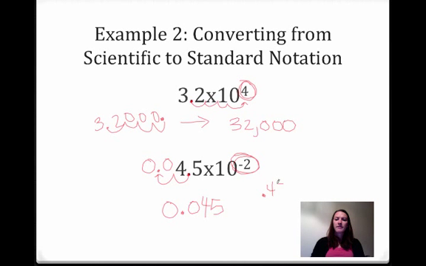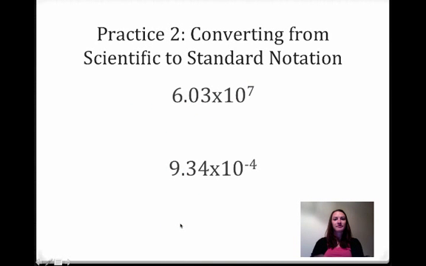Otherwise, it looks like this, right? And sometimes if the decimal isn't big enough, we can't tell that it's a real decimal, so we always put that 0 in there, all right? So that is going to be our answer for our standard notation, all right? I want you to write practice number 2, and I want you to try these two. This one's going to be a positive exponent, and this one is your negative exponent, so try one of each.